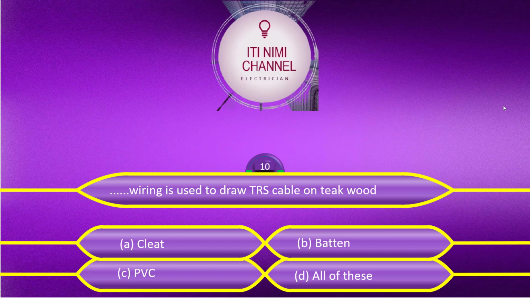Dash wiring is used to draw TRS cable on T-cord. Option A cleat, option B batten, option C PVC, option D all of these. The answer is batten.